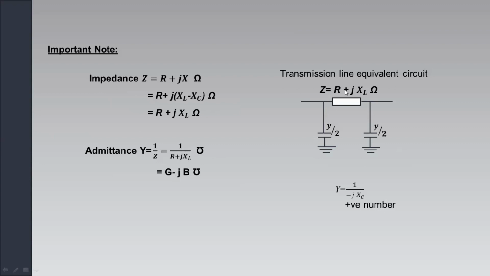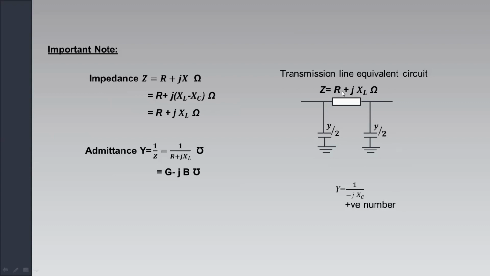Then the half line charging capacitance is always a positive number. If in our problems the line charging capacitance value is given, divide it by 2, then find the line charging admittance for the sending end and receiving end. This value is always positive.